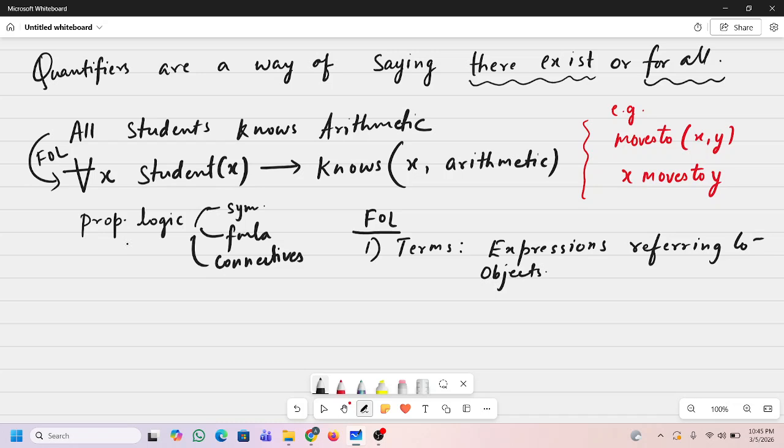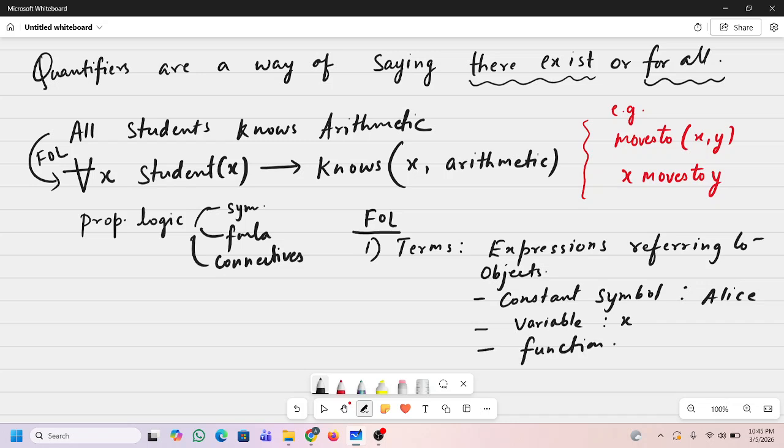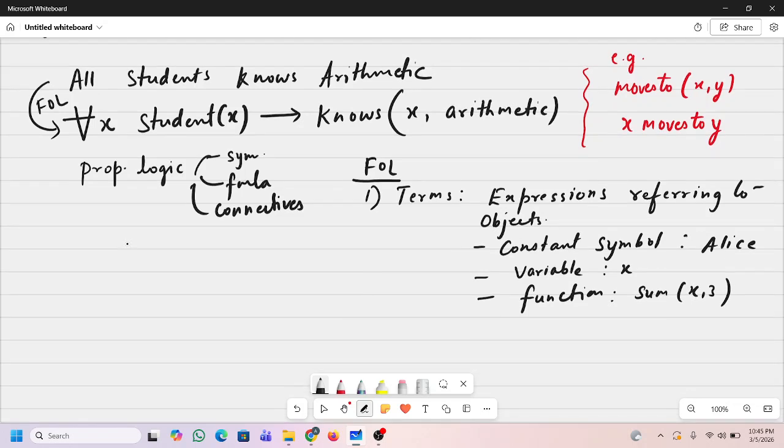There are three types: constant symbols, for example Alice; then variables, for example x; and then functions, for example the sum of x and 3.